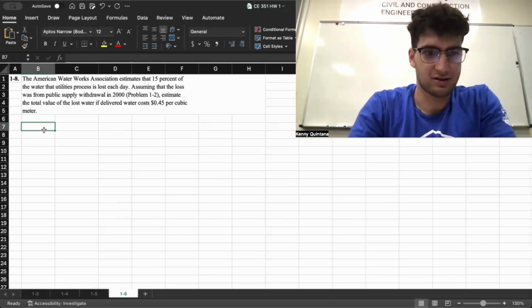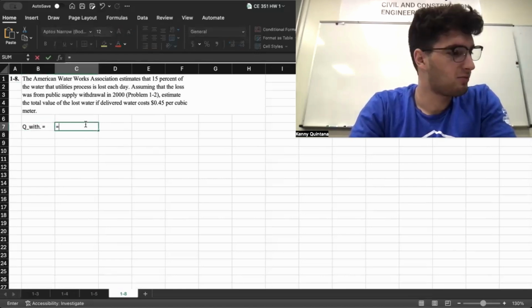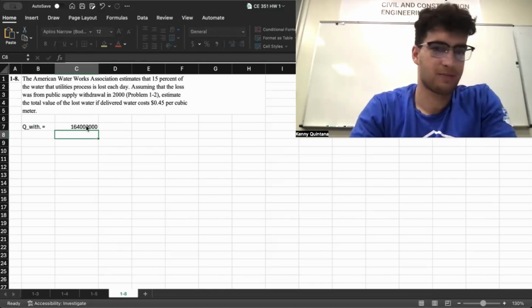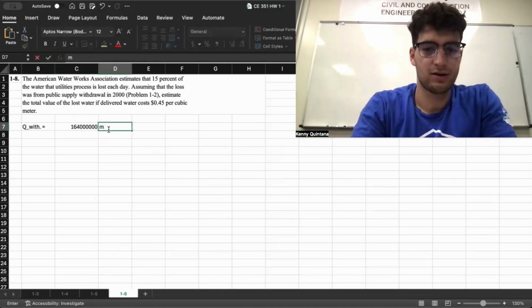So in the year 2000, the Q withdrawal is 1.64 times 10 to the 8th meters cubed per day.